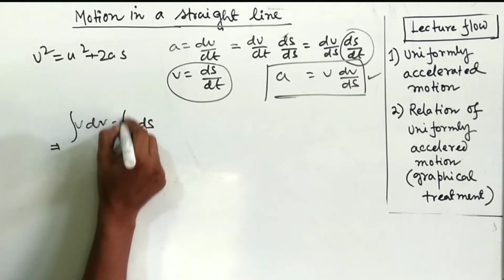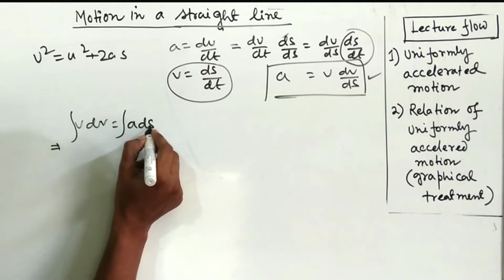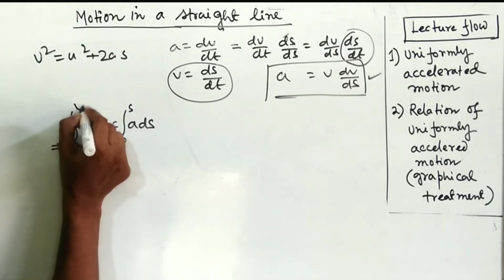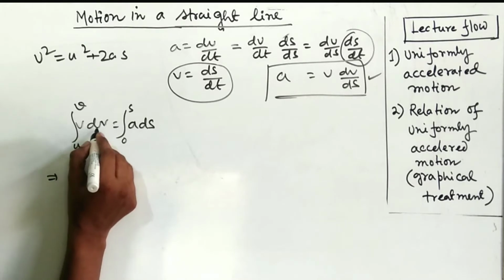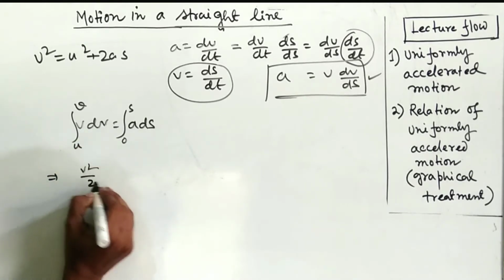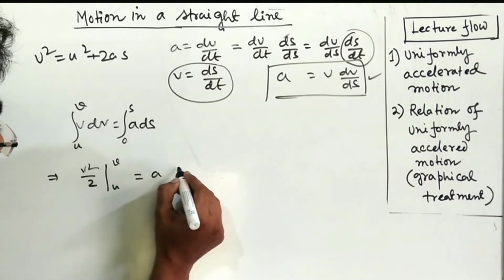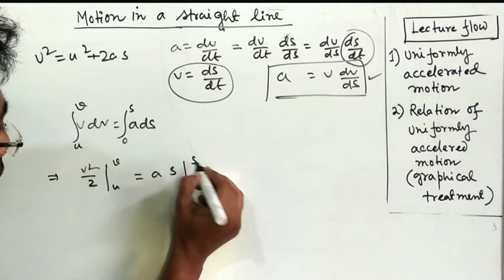Okay, integrate both sides, and here also, if the distance s changes from 0 to s, the velocity changes from u to v. Now it will be v square by 2, lower limit, upper limit. Here a is a constant, then integration of ds is equal to s, lower limit, upper limit.